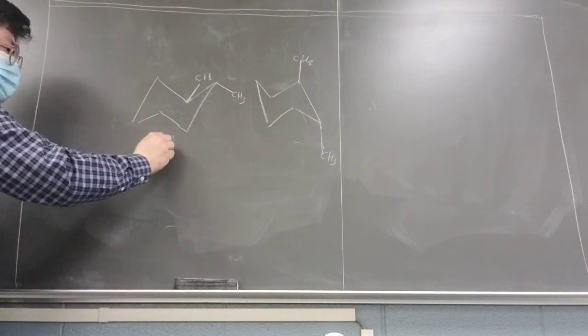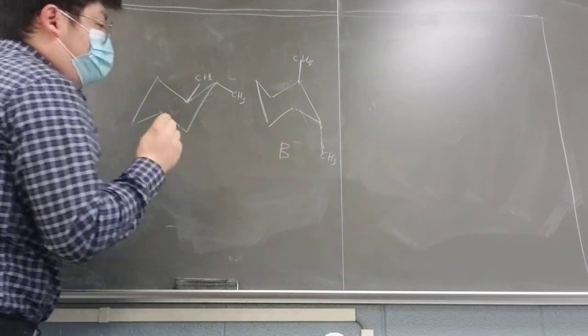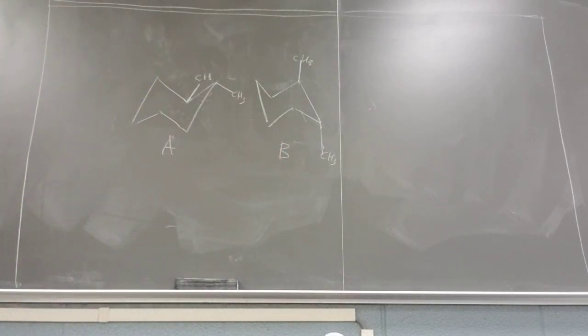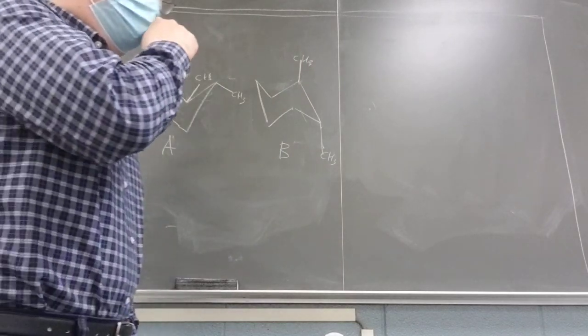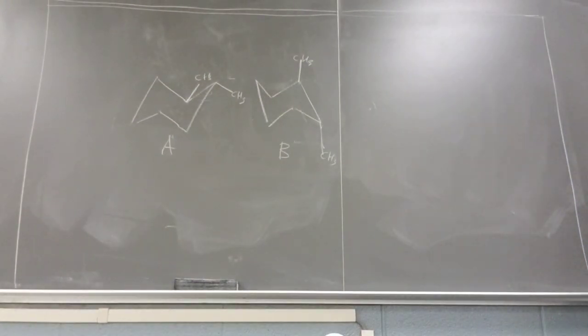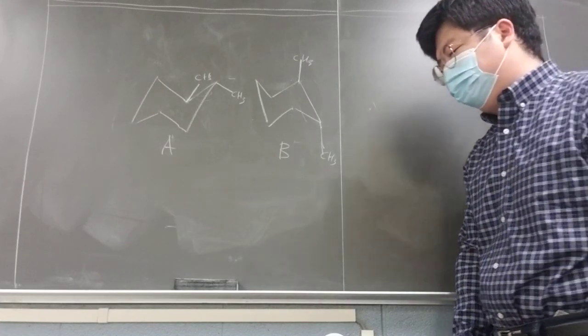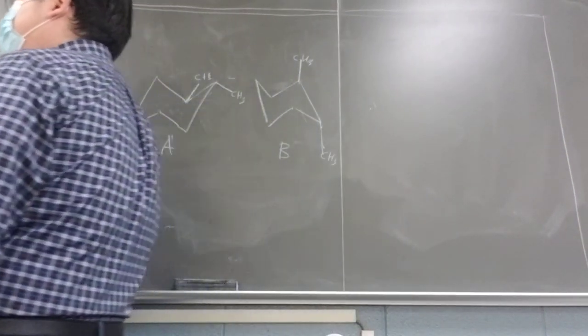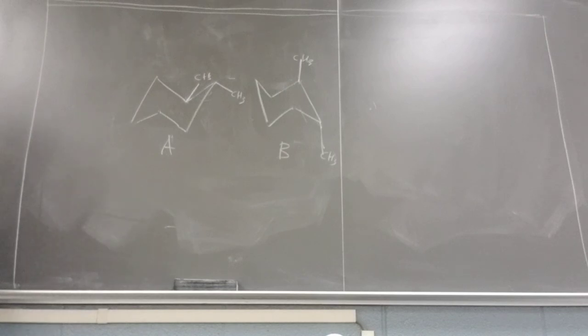Oh, A and B. Okay. So which one is the more preferred? So try to draw the hydrogen again, especially the one on the axial position. So that is a trans 1,2 dimethyl cyclohexane.